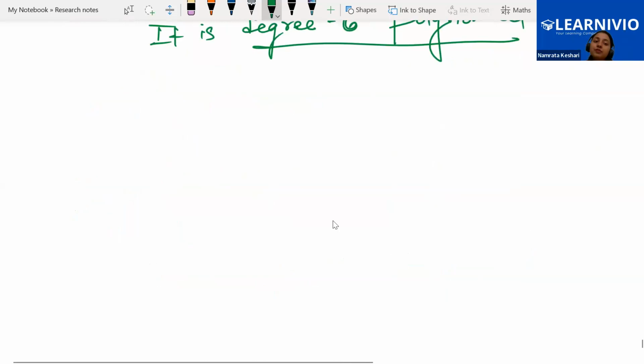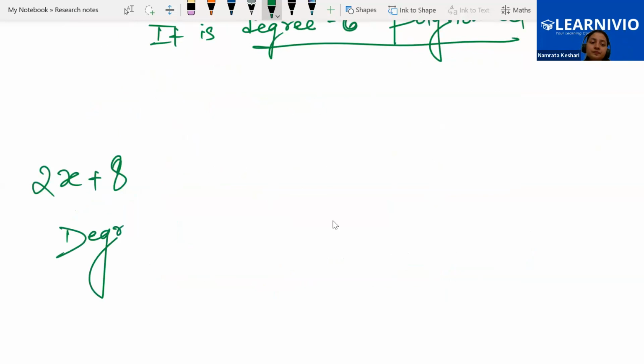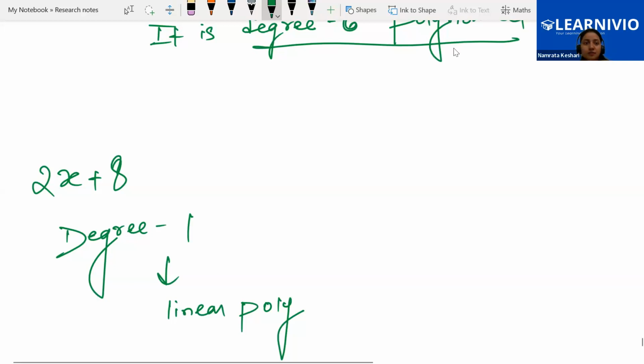Now if the question is 2x plus 8, what is the degree of this polynomial, Sara? 1. And hence the name of the polynomial is linear polynomial. This is how we have to name it. So at least till degree 4 we have to memorize the names. Just a second, Sara.